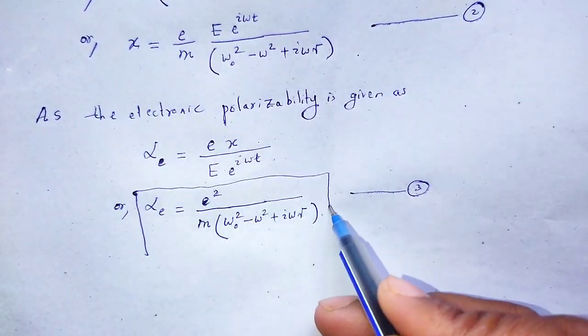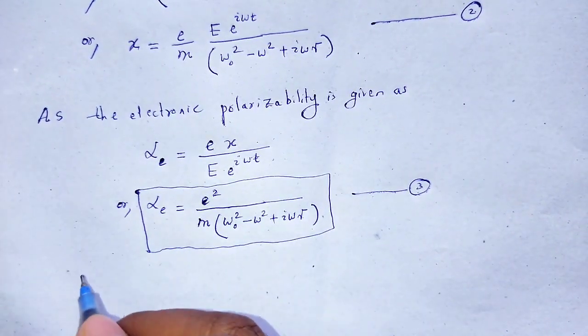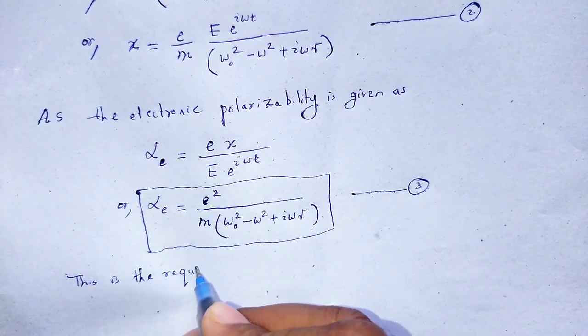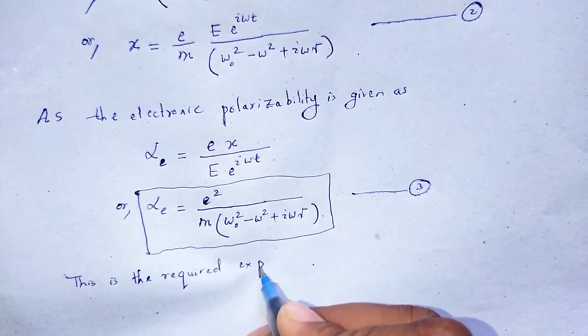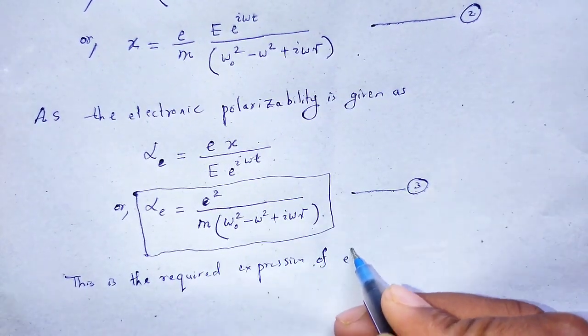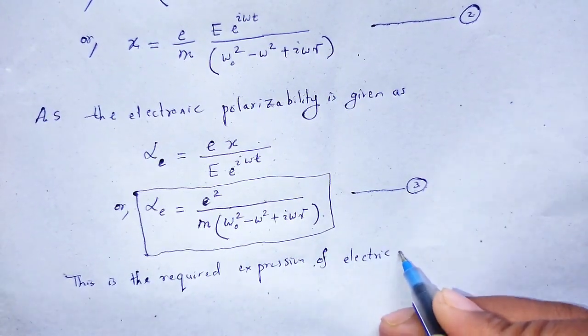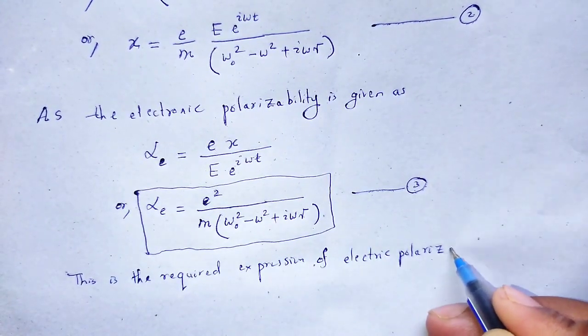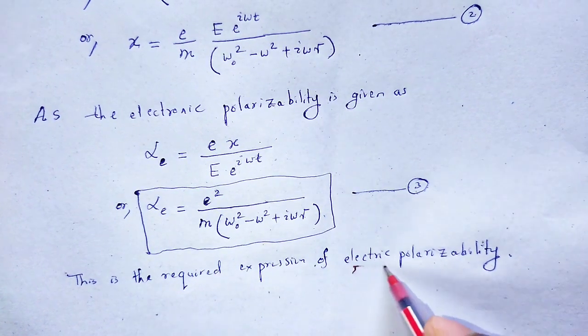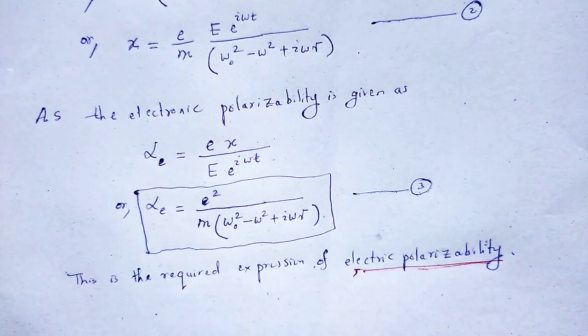And this is the required expression for electric polarizability. Again, we can write the electric polarizability in another way.